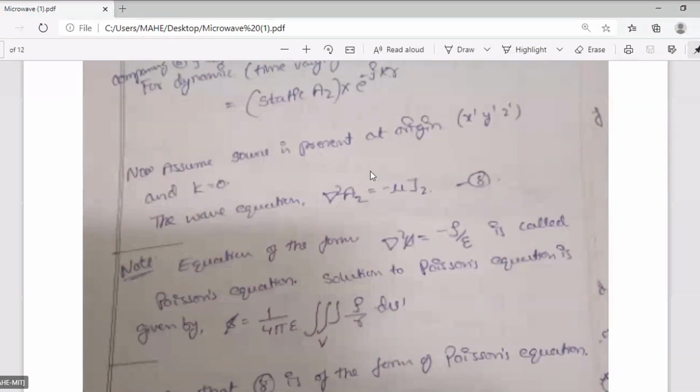This is the equation for the static case, and we have another equation which we have seen in EMW: del square phi is equal to minus rho by epsilon. It's called Poisson's equation. The solution of the Poisson equation is given by 1 by 4 pi epsilon, triple integration of rho v by r into dv dash.